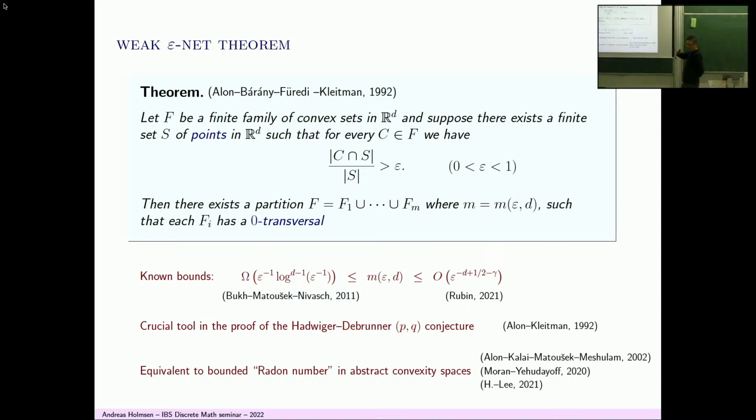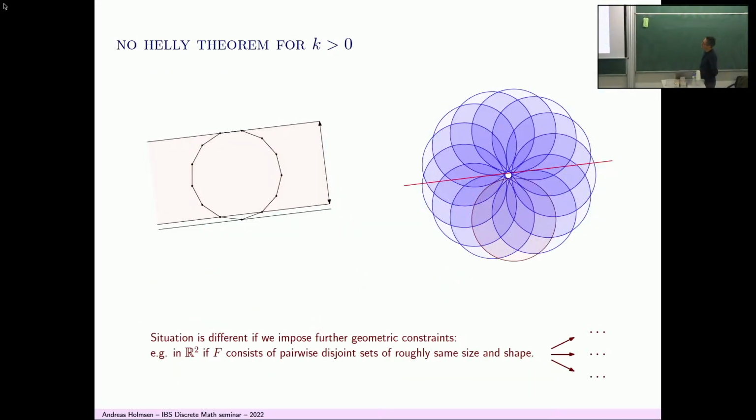So now let me increase the k. Remember, we're talking about k-transversals. This was for zero transversals. Now let me increase k and start making some observations. The first observation is that there is no Helly theorem anymore when k is greater than 0. And it's very easy to see.